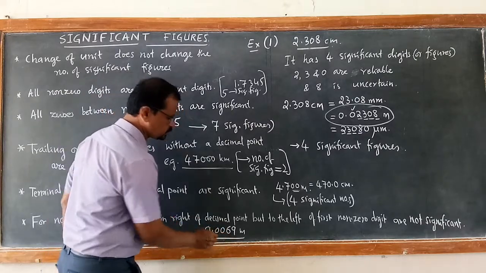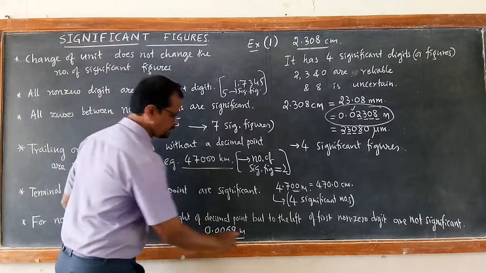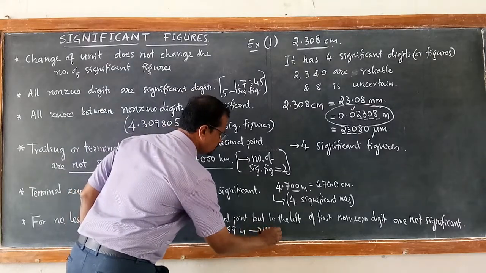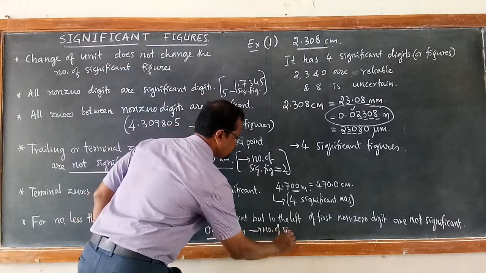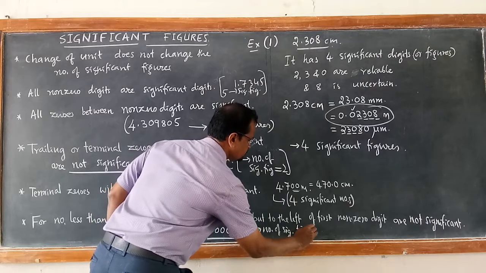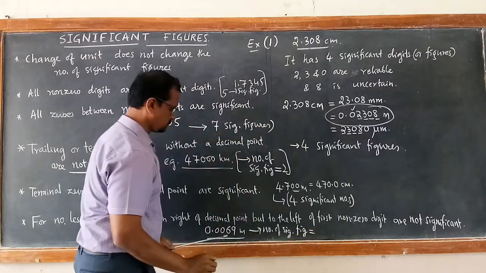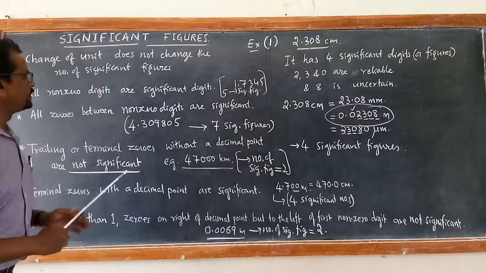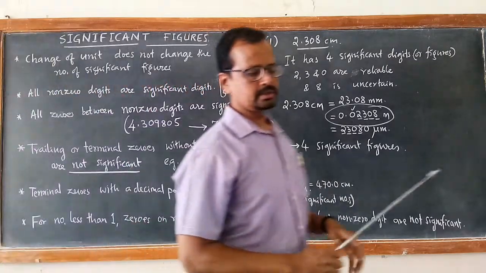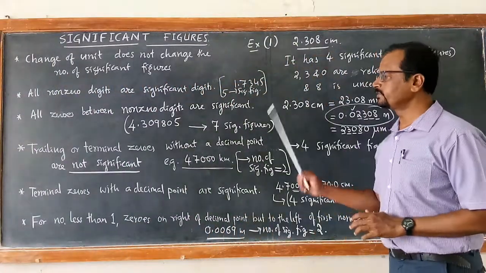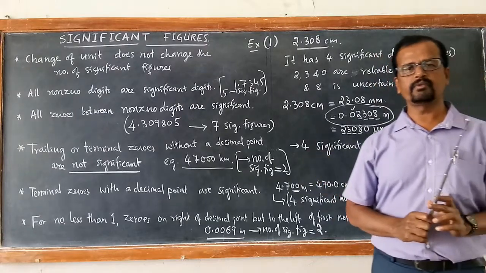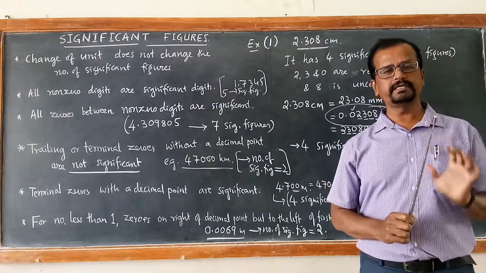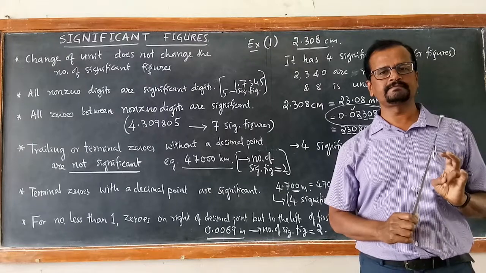Therefore, these two zeros are not significant, and the number of significant figures is only 2. So this is how we need to follow the rules while counting the significant figures.